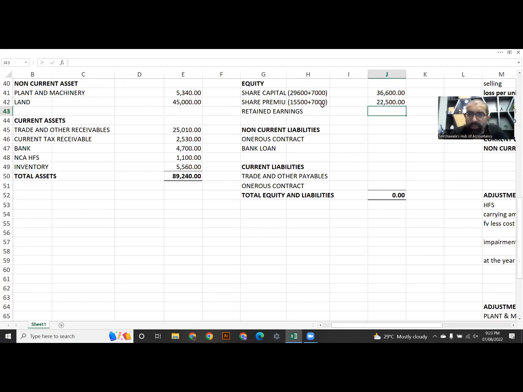It's 11,470, minus the loss of 4,525. Let's calculate: 11,470 minus 4,525 is 6,945. That is finally your retained earning.